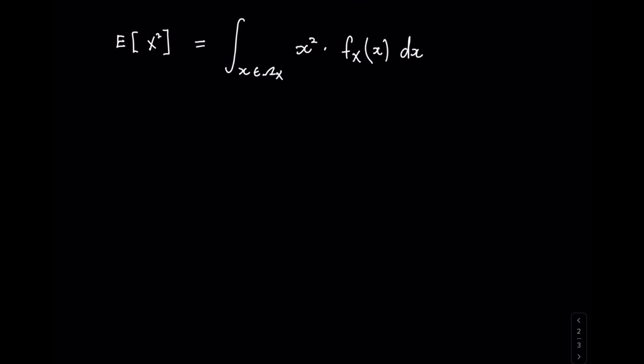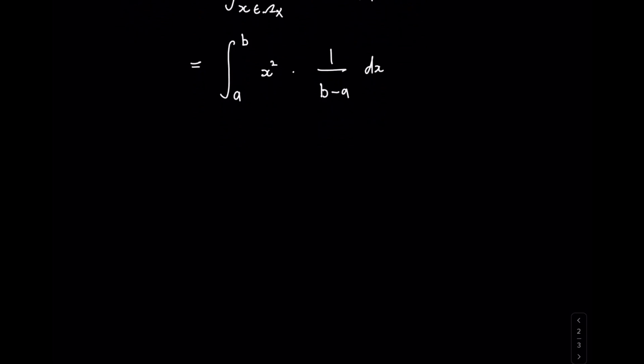So if we do this substitution, again we have the integral with the terminals being a and b, a to b. We've still got our x squared, and then we're again going to multiply by 1 on b minus a as the probability density function, again integrating with respect to x. Now we're going to integrate, and this is simply a power.